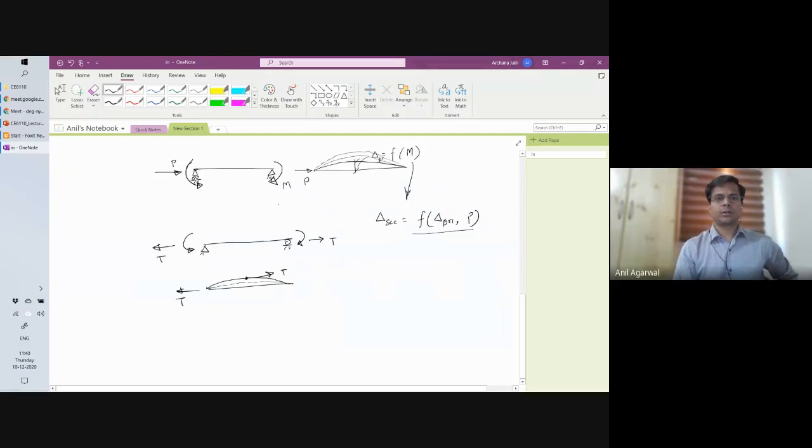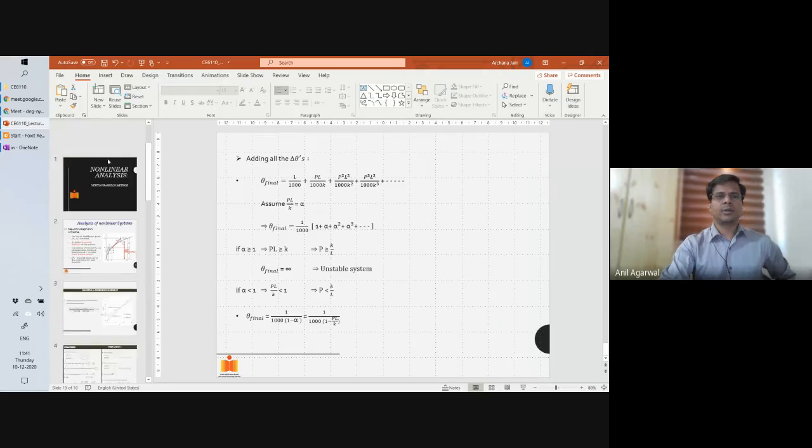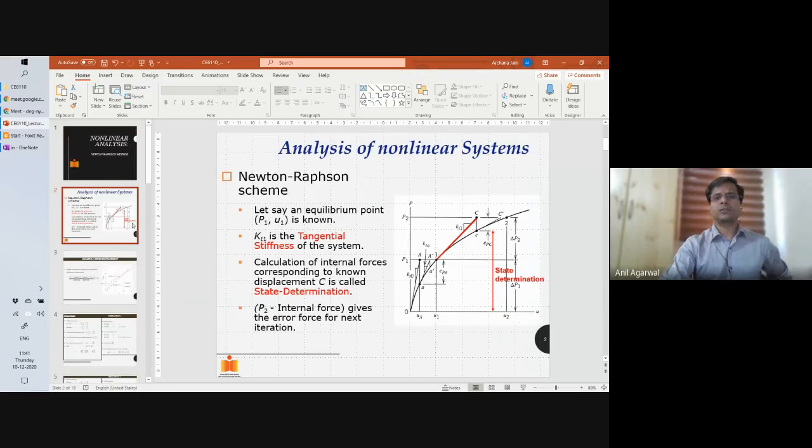So we will discuss the Newton-Raphson method in today's class and maybe some part of tomorrow's class, and discuss how to solve such kinds of problems, where the nonlinearities arise out of either material nonlinearity or geometric nonlinearity. The problem is, since it's an iterative method, it is numerically intense, and it is very difficult to solve a real life problem in a classroom, right?